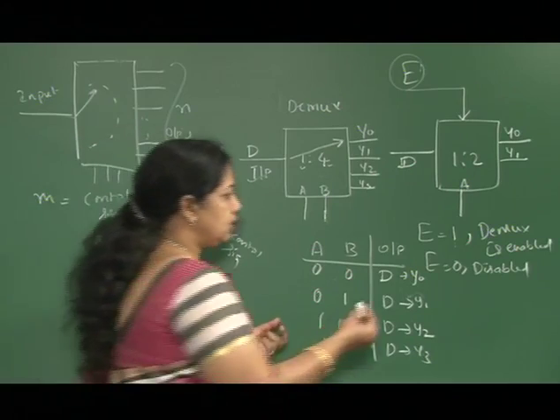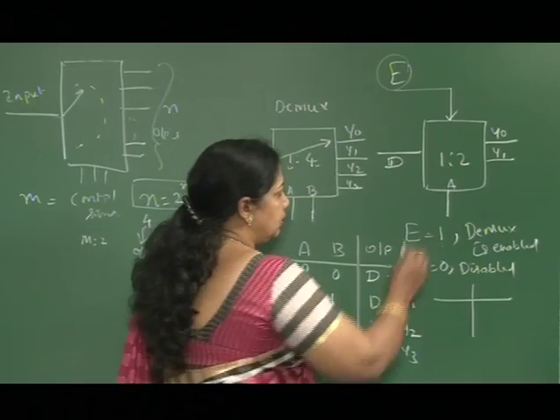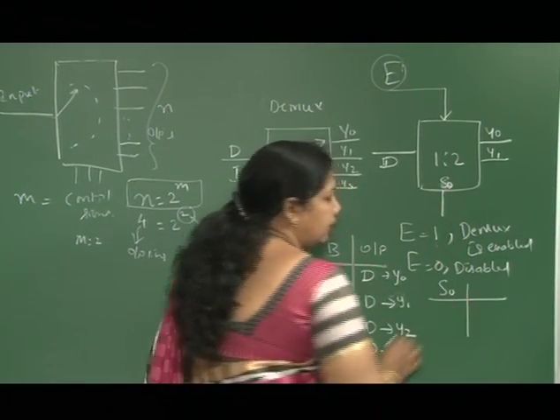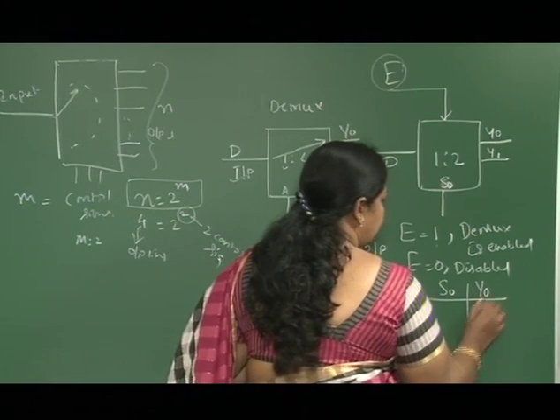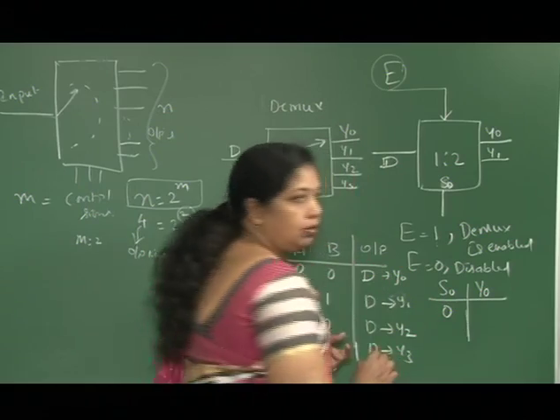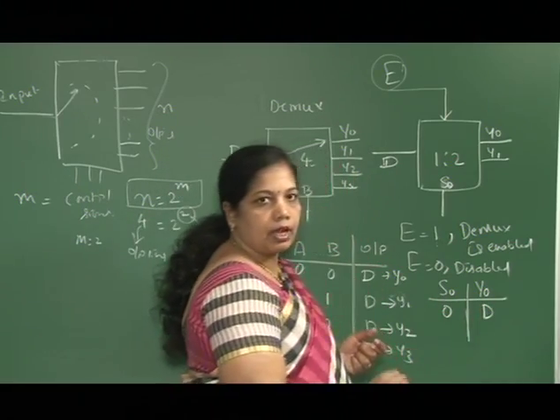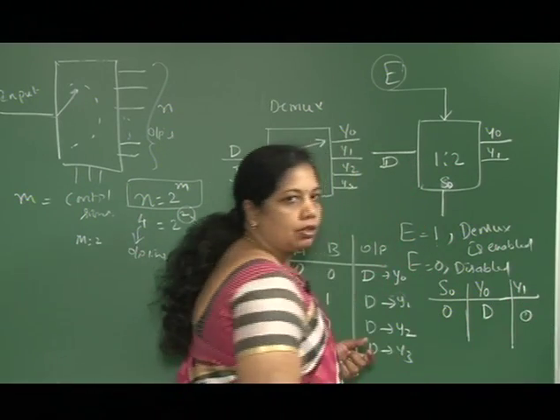So you can see here the truth table. I can give this as S0 or A. If S0 is 0, my Y0 will be D, and I don't have anything at Y1, it will be 0.